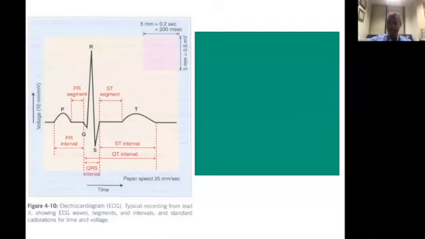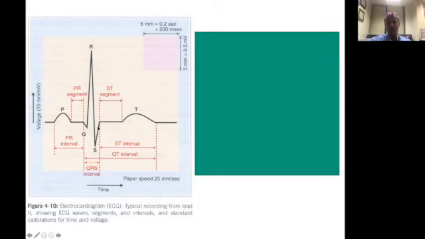It is around 3 small squares. 3 small boxes. The normal timing for PR interval will be ranging from 0.12 to 0.2 seconds. Good. And that would be anywhere from 3 small boxes to 5 small boxes, right? Or 1 large box.